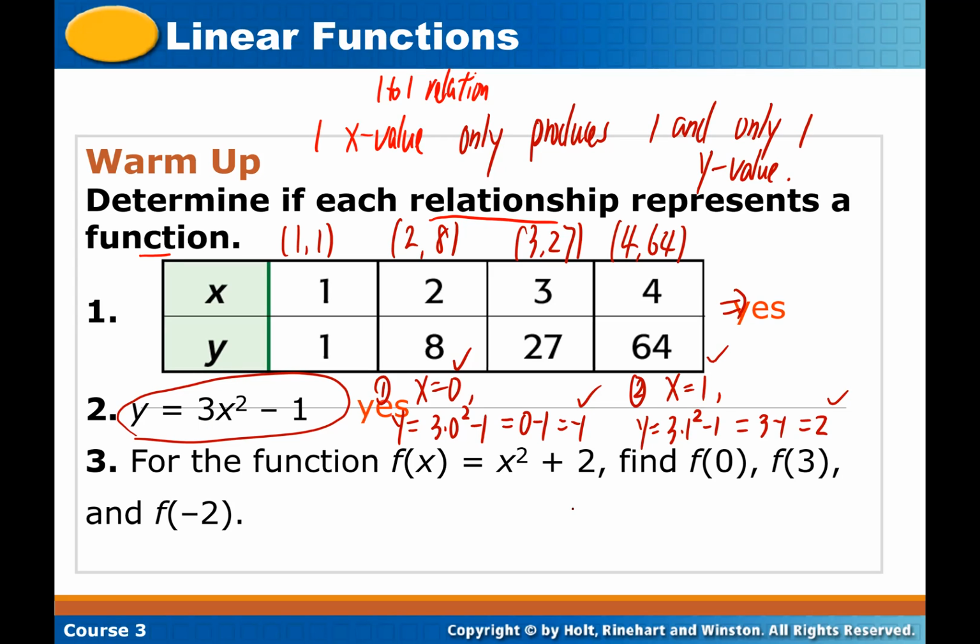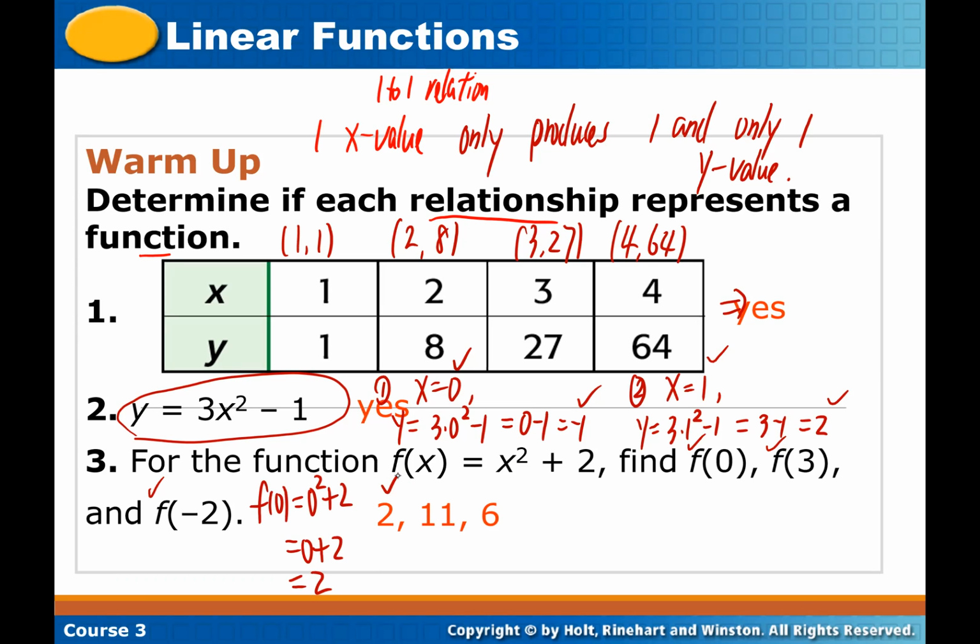f of x equals x squared plus 2. And you want to find out what f of 0, f of 3, and f of negative 2 are. So for f of 0, go back to the original function and replace x with 0. So we get 0 squared plus 2. 0 plus 2 turns out to be 2.